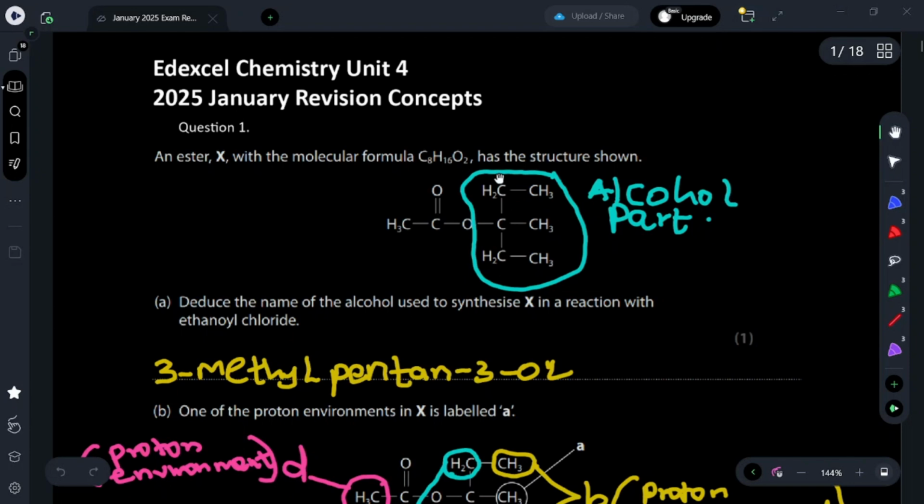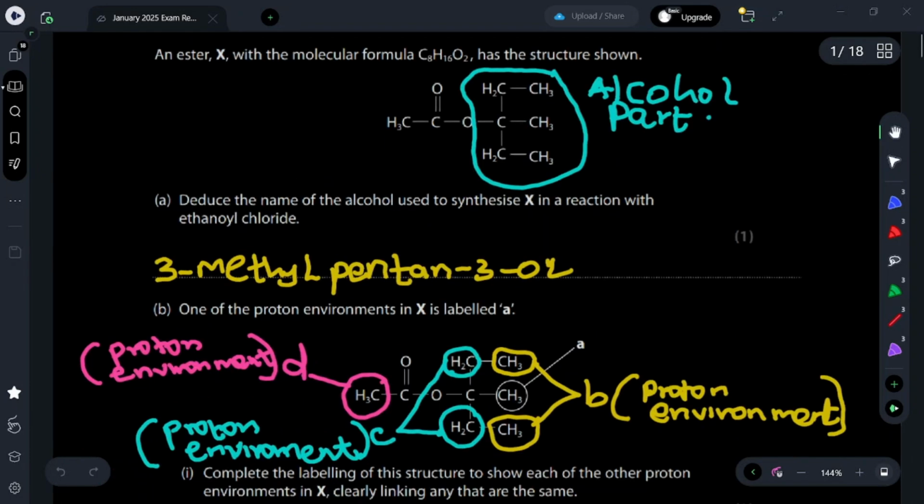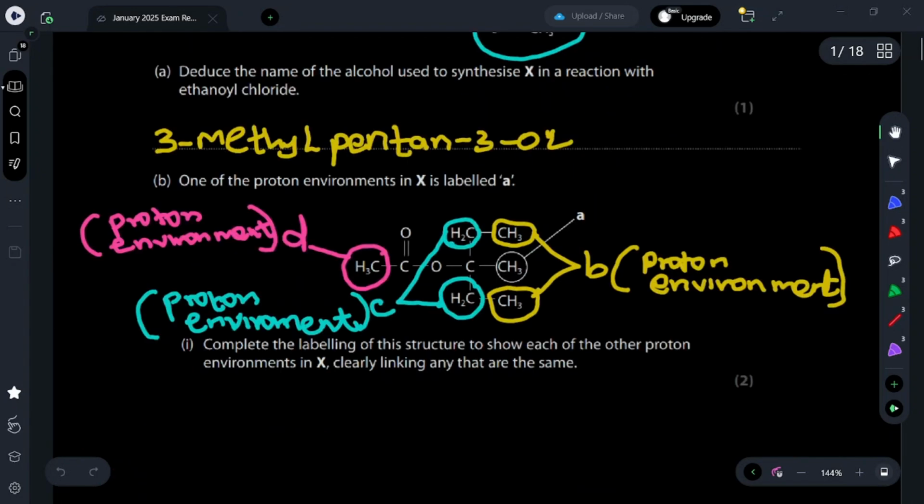That is question B. One of the proton environments in X is labeled A, lowercase. We can see it, this one, the proton environment labeled A, this one, H3. So complete the labeling of this structure to show each of the other proton environments in X, clearly linking any that are the same.